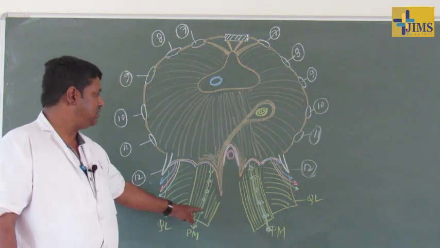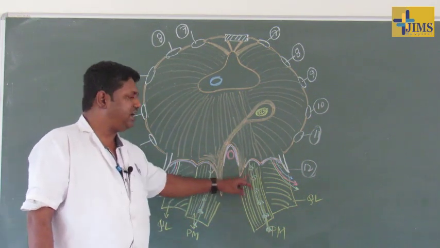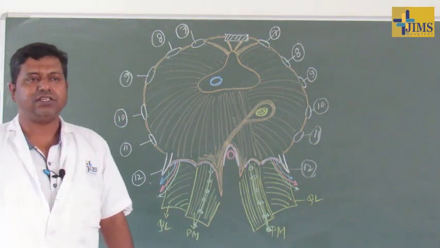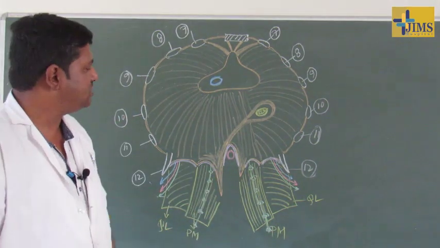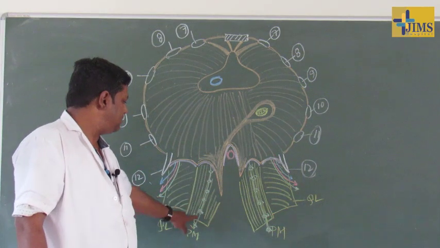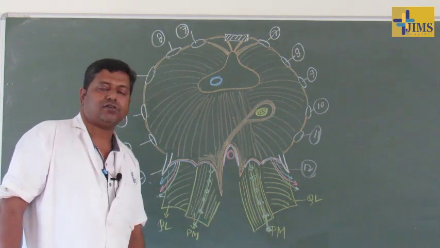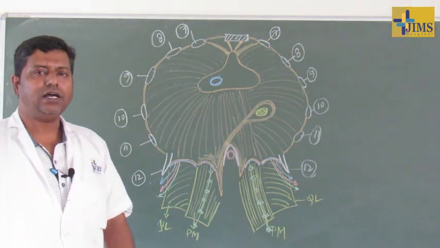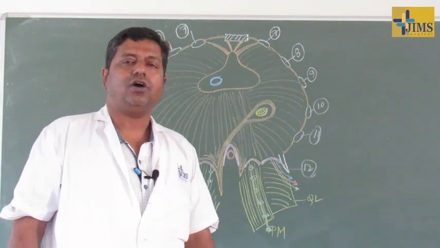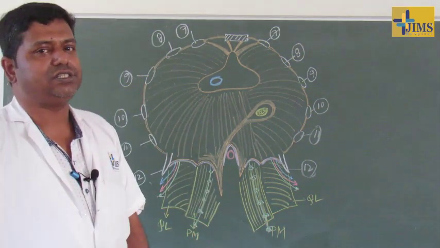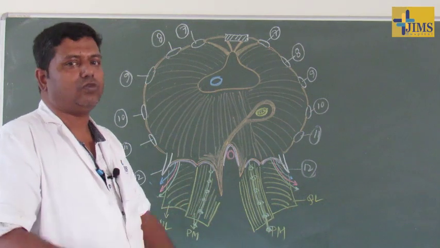The structure passing beneath the medial arcuate ligament on both sides, you can see here this chain-like structure. It will be the sympathetic chain or the sympathetic trunk. This is about the fourth minor opening.